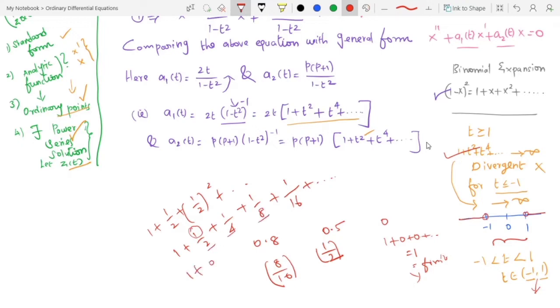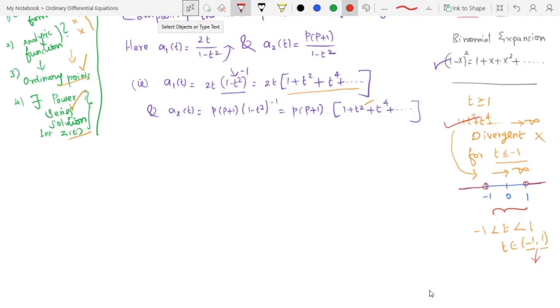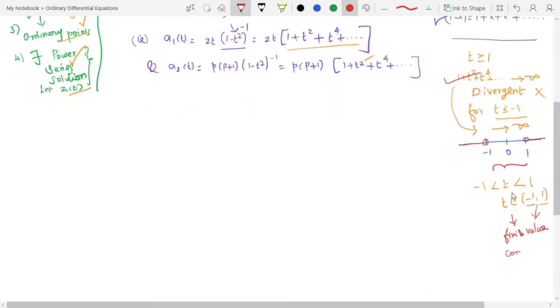Simplifying, you get an answer definitely less than the previous value, and so on. So the value converges to some finite value. That means for any value from the open interval minus 1 comma 1, if we replace it in the given infinite series, we get a finite value. That means it converges.